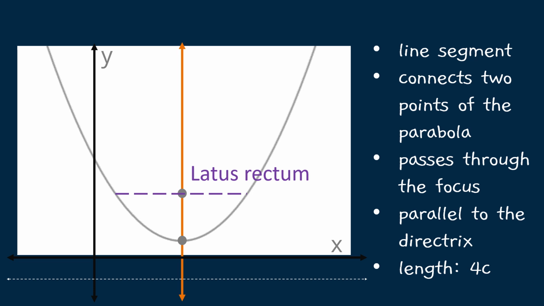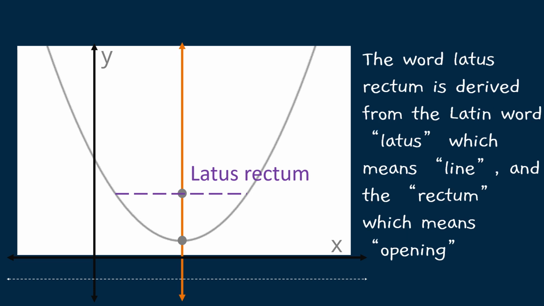You may be curious about the meaning of latus rectum, because the word rectum is commonly used in the digestive system part of the biology subject that you have, right? Latus rectum is a Latin word that has two definitions. On the next slide, we can see that the word latus rectum is derived from the Latin word latus, which means line, and rectum, which means opening.